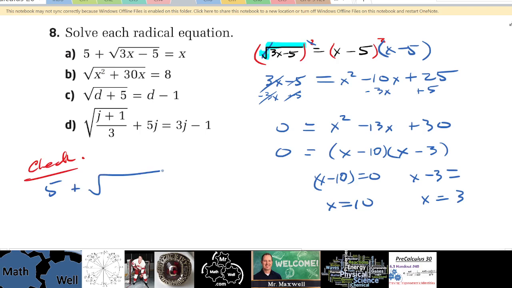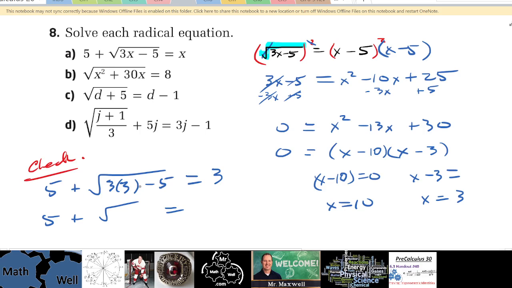5 plus root 3 times 10 minus 5 equals 10. Let's see if that works. That's 5 plus root 30 minus 5, or root 25 equals 10. That's 5 plus 5 equals 10. That's good. Let's check 3. So 3 times 3 in there equals 3.